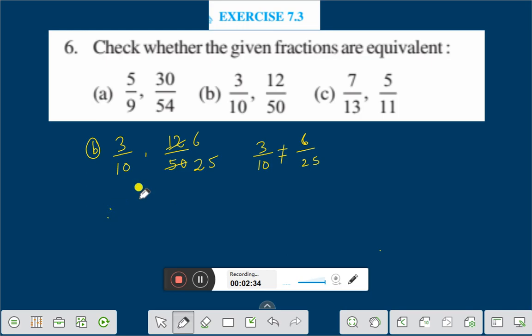Therefore, you can say that 3 by 10 and 12 by 50 are not equivalent fractions.